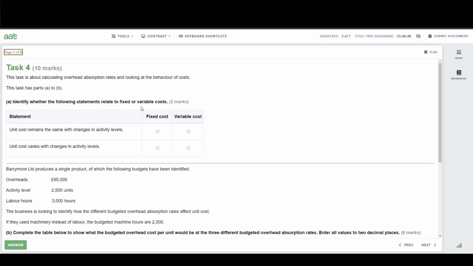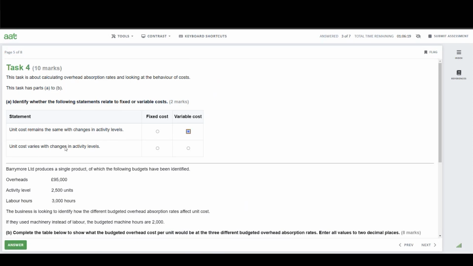And the third loaf of bread will use 1 kilo of flour costing £1. So the unit cost will remain the same with changes in activity levels. The total cost will, of course, increase with activity. If you make 3 loaves of bread, the cost will be £3. If you make 1 loaf of bread, the cost will be £1. But at unit cost, the cost remains the same. So that is describing a variable cost.